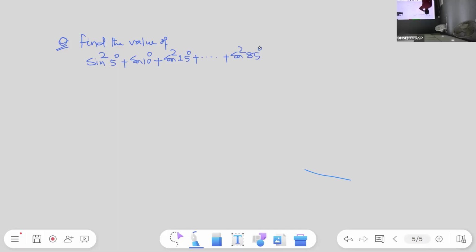Find the value of sin square 5 degree plus sin square 10 degree plus sin square 15 degree up to sin square 85 degree.